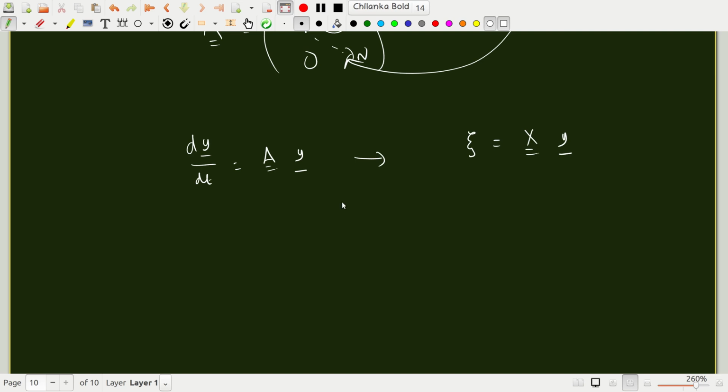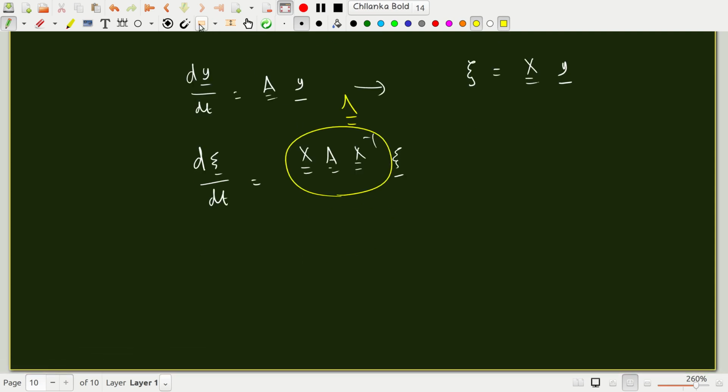When you do this and multiply the whole thing by capital X, you will get dz dt is X A X inverse zeta. Now this is purely diagonal, so it renders a lot of simplification while solving systems of ordinary differential equations. So perfect matrices are in that sense very special.